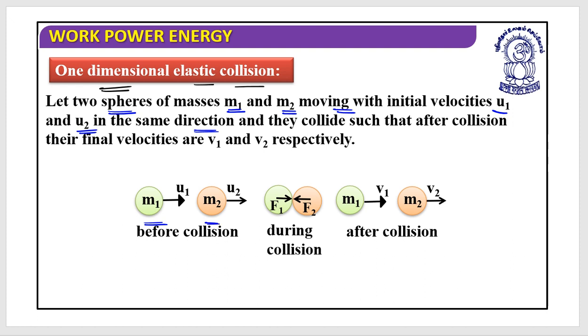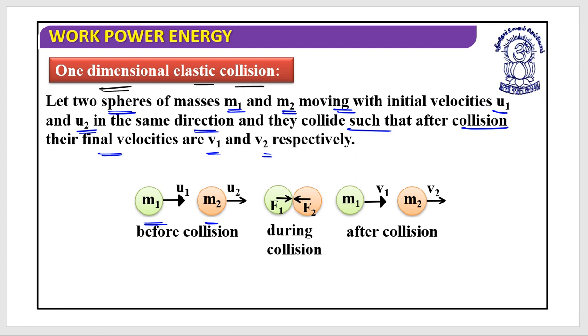Look at this, and they are going to collide such that after collision their final velocities would be v1 and v2. Initially we are going to derive a formula. I'm sure you must have derived this formula in your school classes as well, but I'm doing this so that things can be revised quickly. So let's do it quickly and we will switch to the special cases.